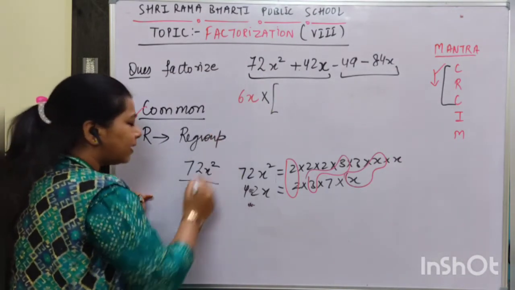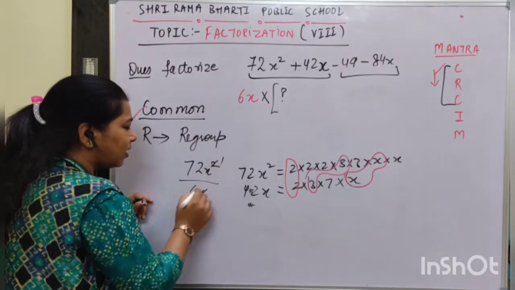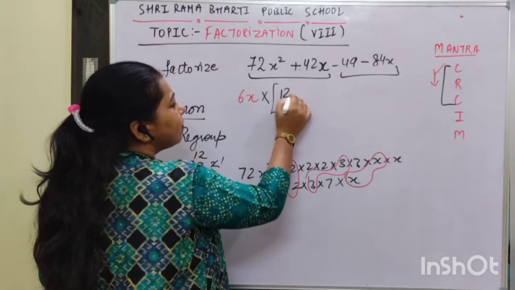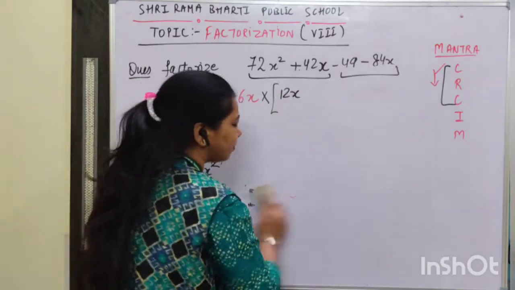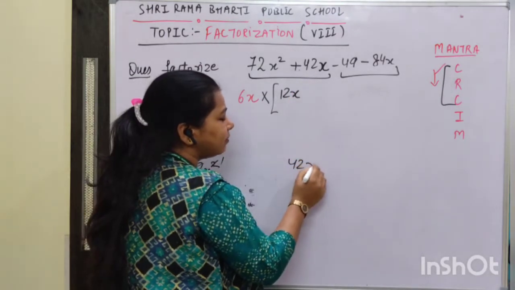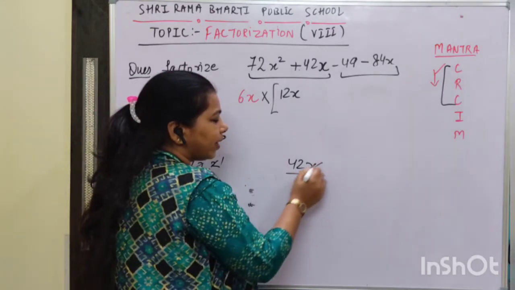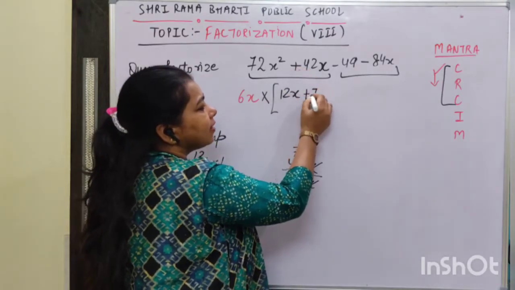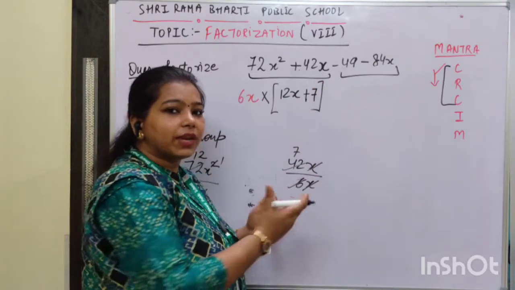Divide this number by 6x and you will get the other factor here, so it will be 12x. Now we will do the same thing for the second number. My second term of the group is 42x, and we have taken 6x common. So x cancels, and it gives us 7. So here the plus sign, and the 7. Now the first set of factors is ready with us.